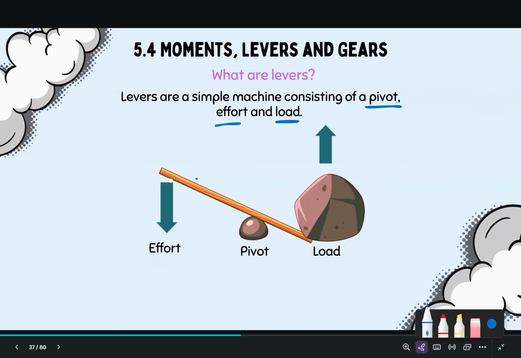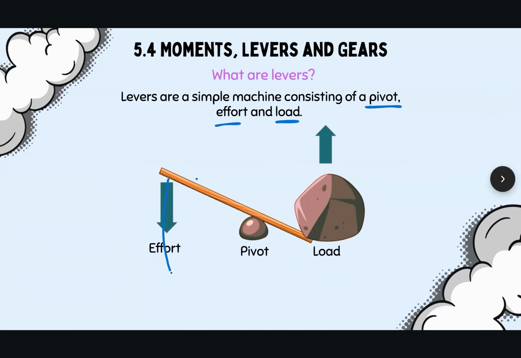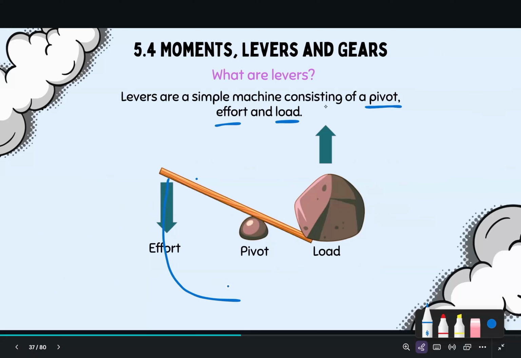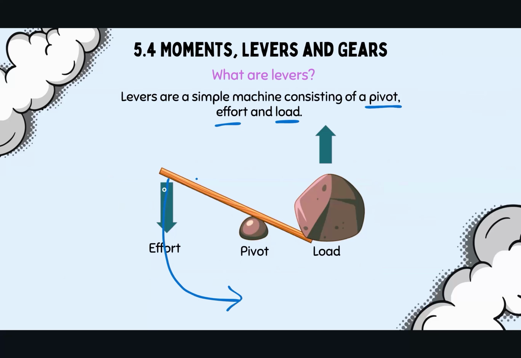So when we apply a force, our moment will go this way, in an anti-clockwise direction. The size of the moment will be the distance from the pivot to where a person's pushing down from. So it could be a person stands here to try and remove that rock.